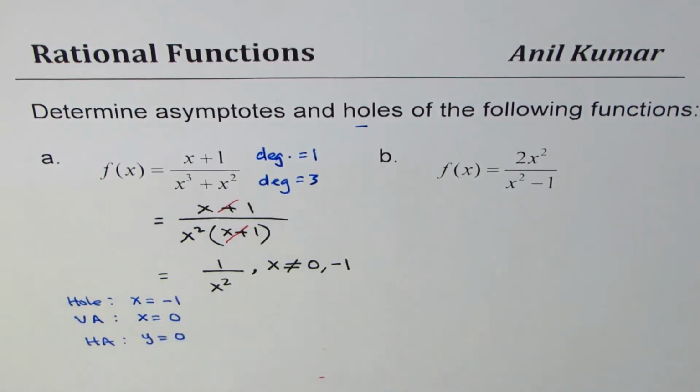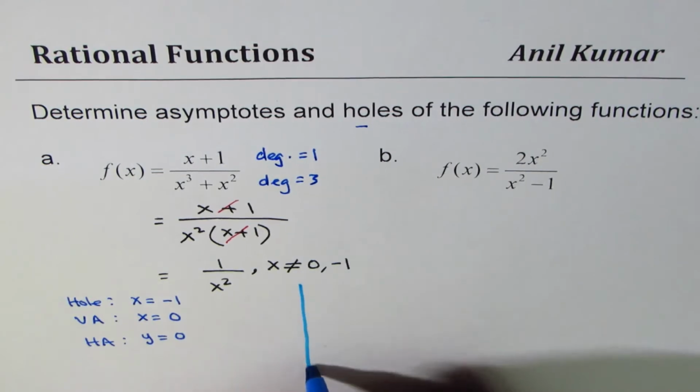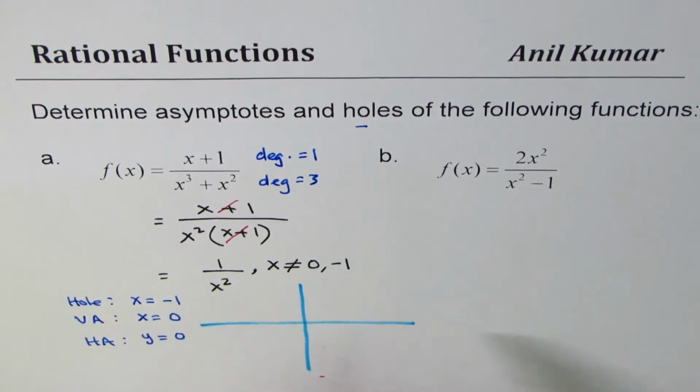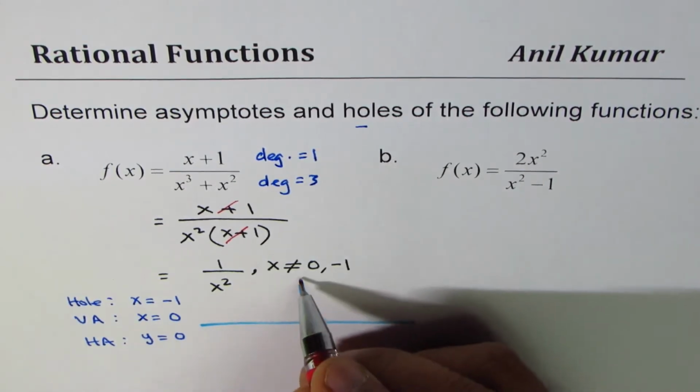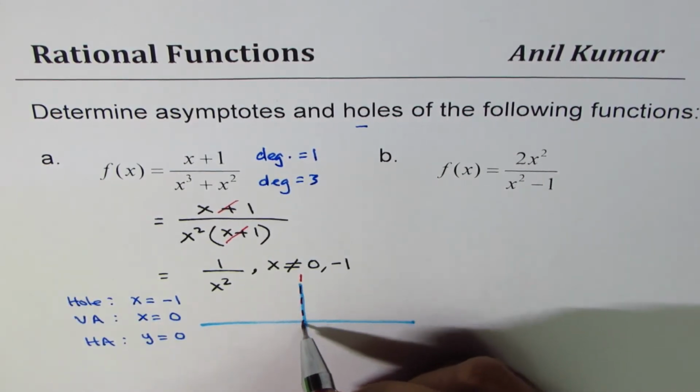So if you sketch this function, I'm making a very rough sketch, it will look like this. But it's going to help you to understand the concept. We have a vertical asymptote at 0, so this is the vertical asymptote.